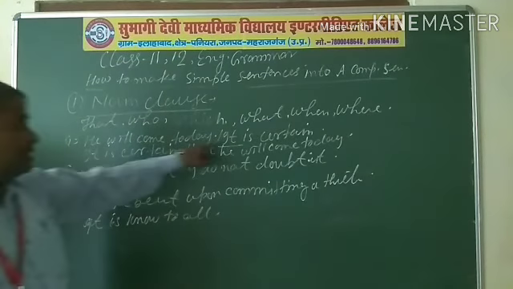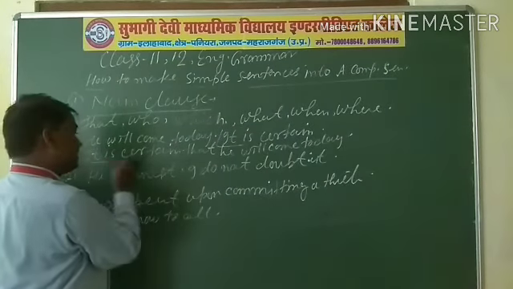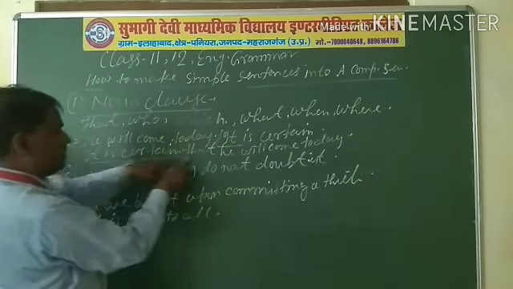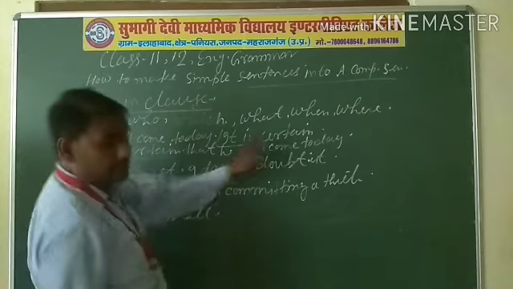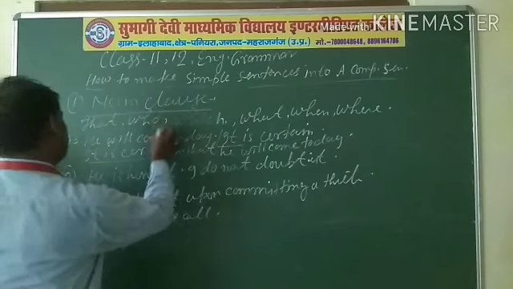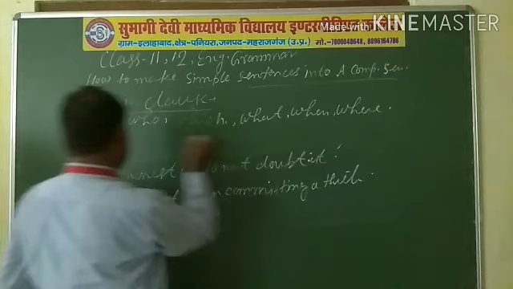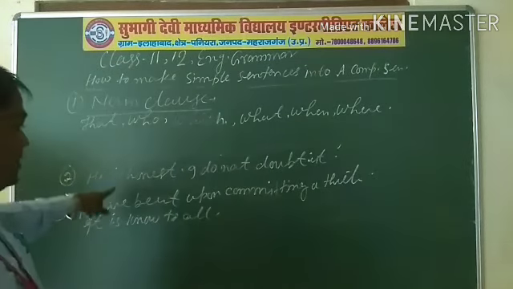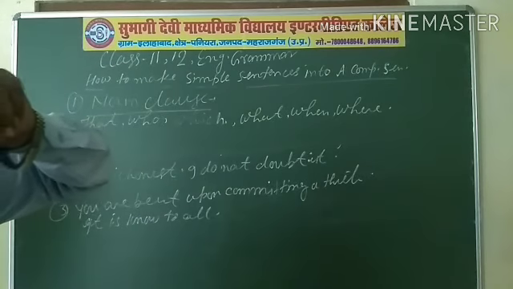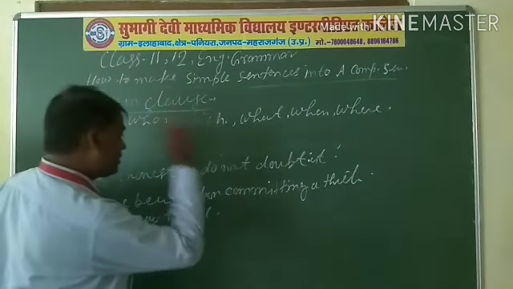He will come today, it is certain. So in the first sentence, the principal clause is: it is certain, and we have to join the noun clause with that. It is certain that he will come today. The second example: he is honest, I do not doubt it.